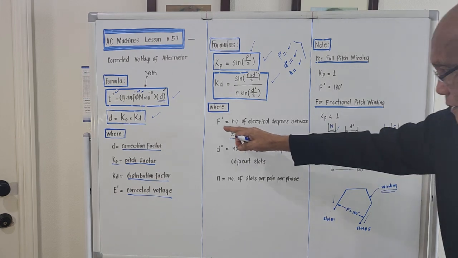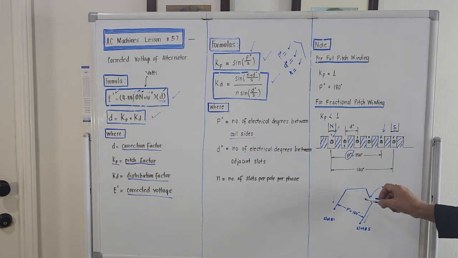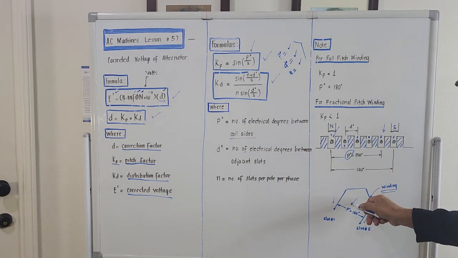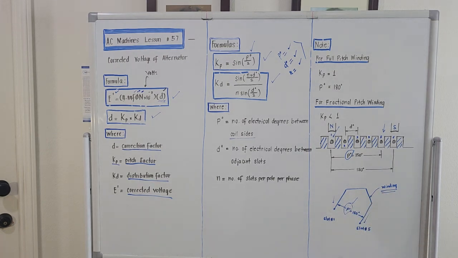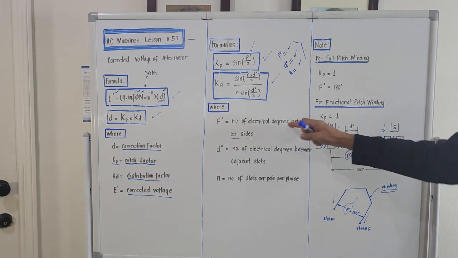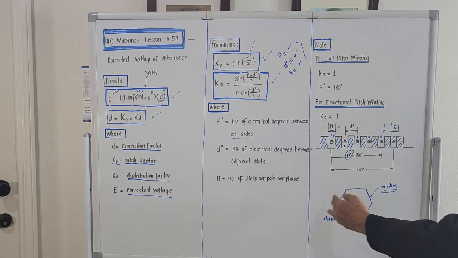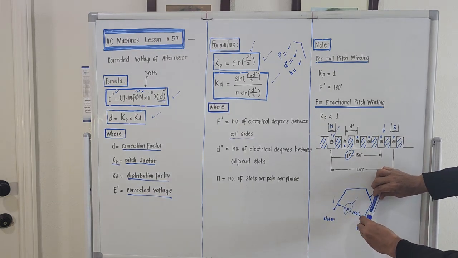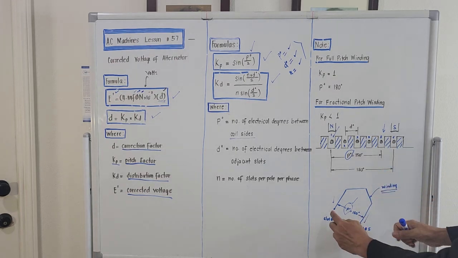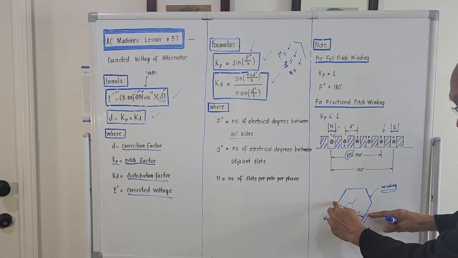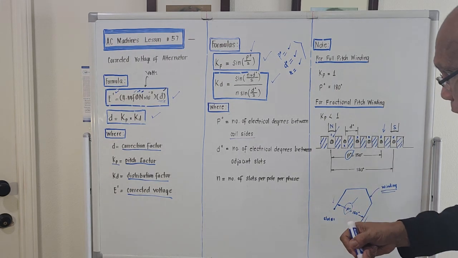So P degree is this: the number of electrical degrees between coil sides. This is the entrance of the first coil, this is the other end of the continuation of that coil, and the number of electrical degrees in between them is the so-called P degree.